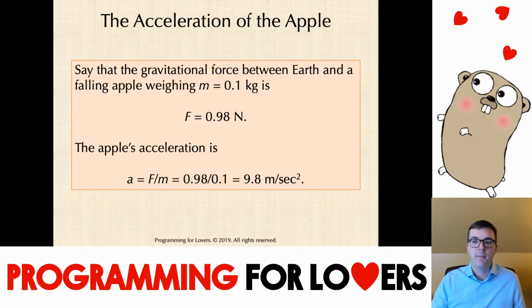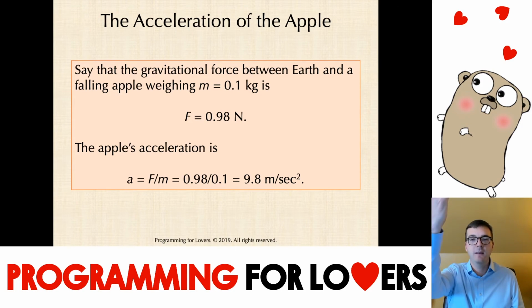So if the apple and the Earth pull on each other with 0.98 newtons, and the apple weighs 0.1 kilograms, then the apple's acceleration towards the center of the Earth as it falls is just F divided by the mass of the apple. So it's 0.98 newtons over 0.1 kilograms, which is 9.8 meters per second squared.